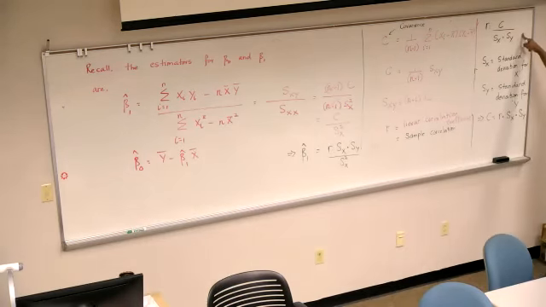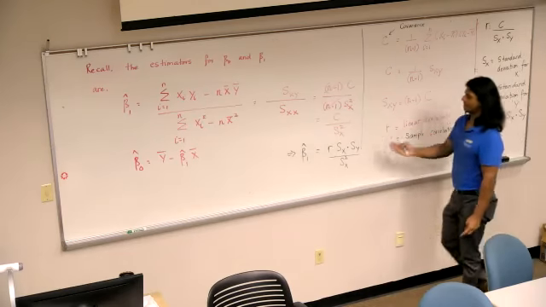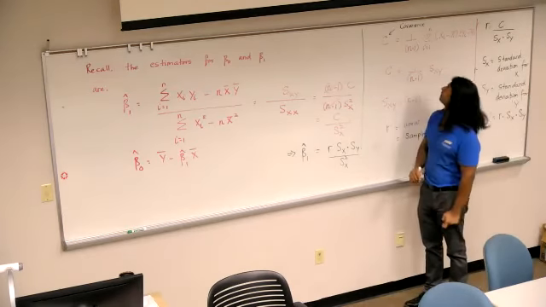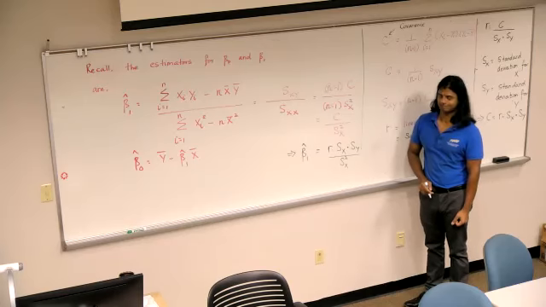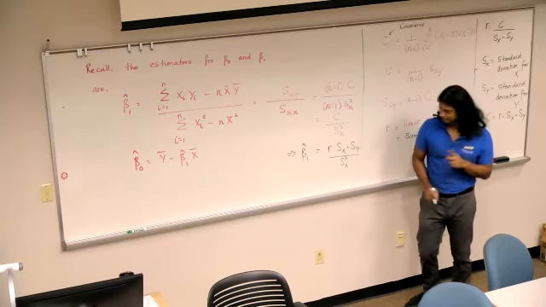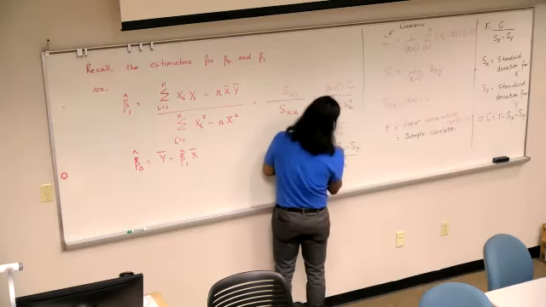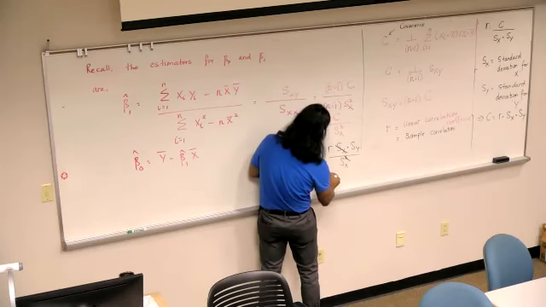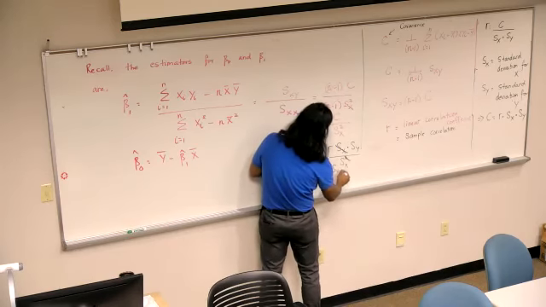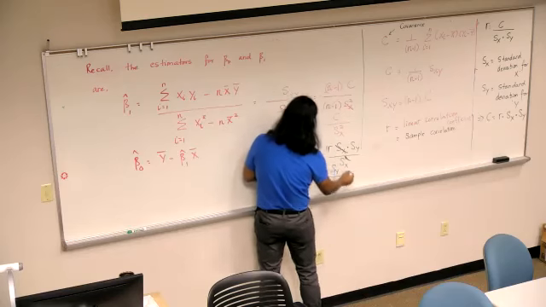I skip the derivation of that part. Now, how would that simplify? Very good. So that'll get cancelled. We simply have r times Sy divided by Sx.